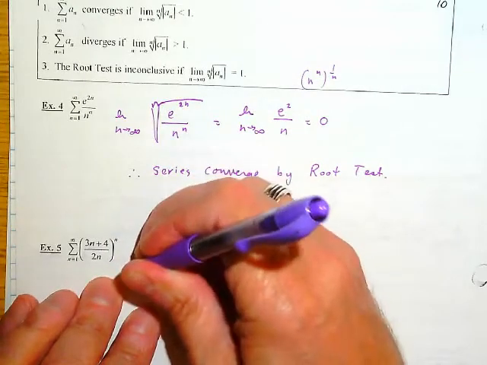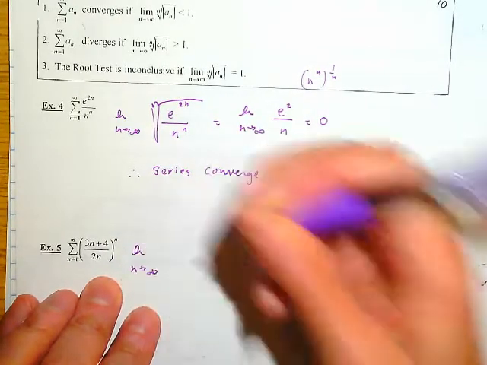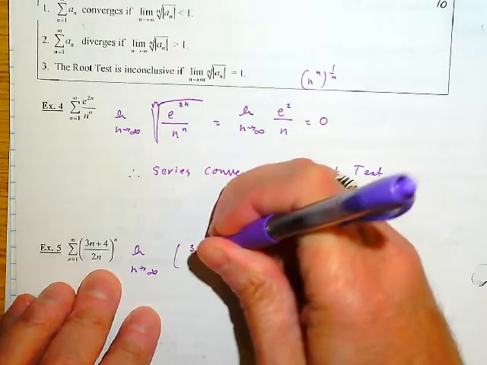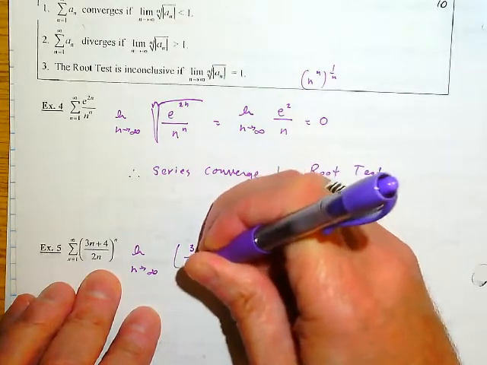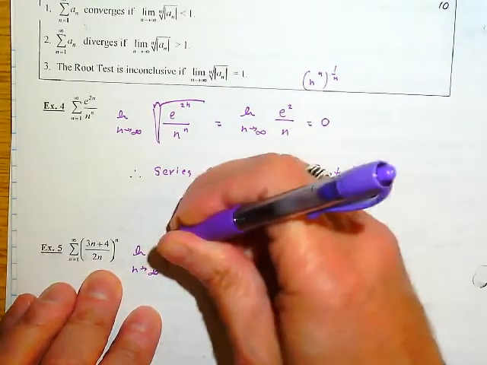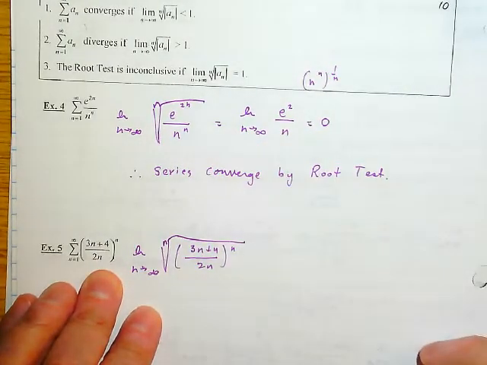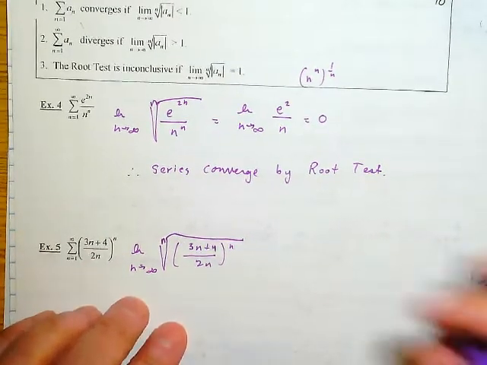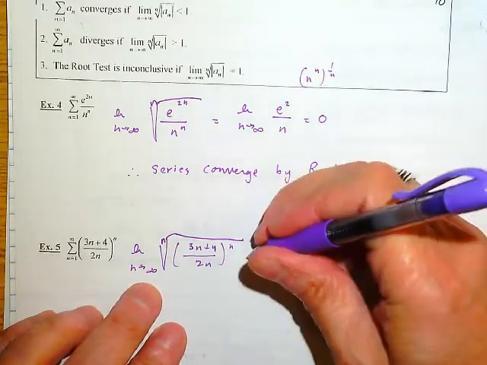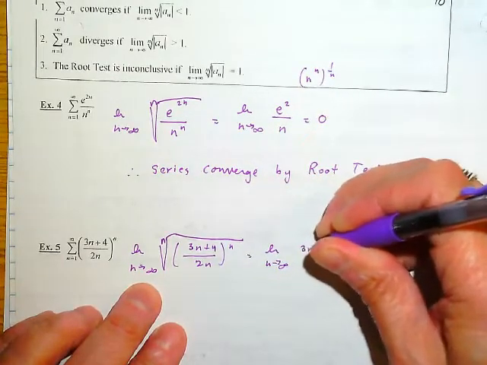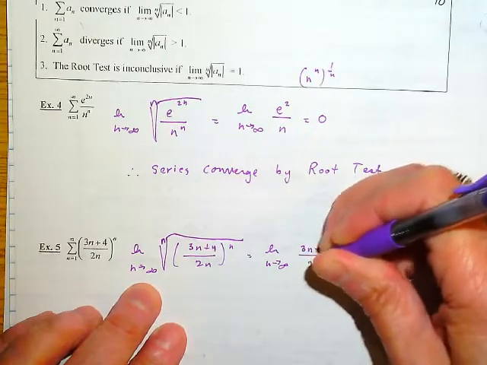Well, let's go ahead and try it on this next one. The limit as n approaches infinity of (3n plus 4 over 2n) to the nth, but I'm going to take the nth root of that. That nth root and that nth power kind of power each other out. The limit as n approaches infinity of (3n plus 4) over 2n.